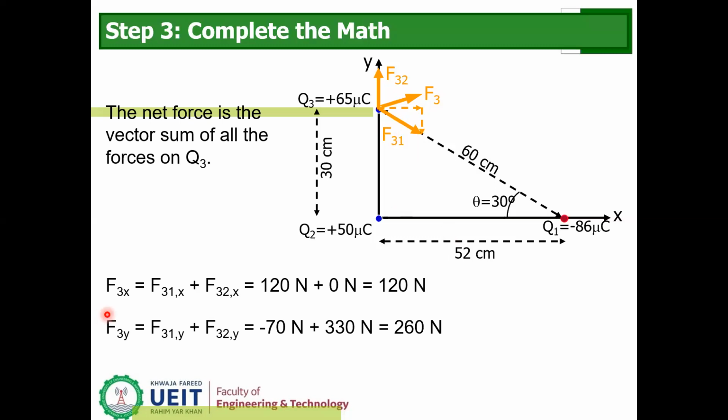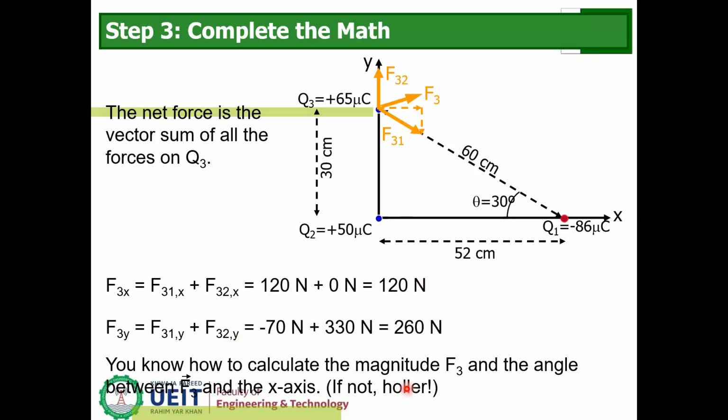So we can calculate F3x, which will be equal to F31x along the x-axis plus F32 along the x-axis. The x component of this force and the x component due to the other point charge, the total x component, becomes 120. And the y component of this force will come out to be equal to minus 70 Newton plus 330 Newton, which is equal to 260 Newton.